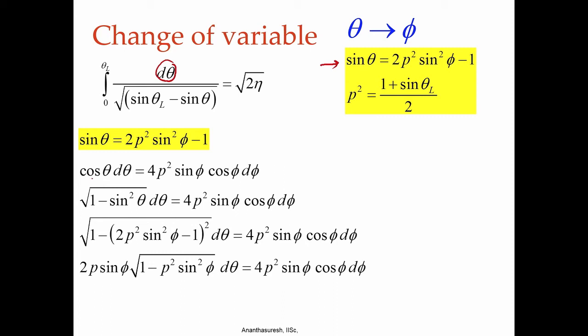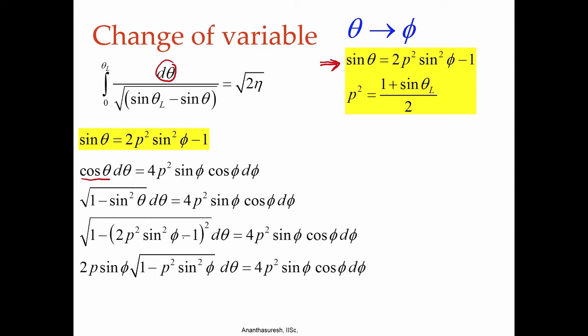So, we have first taken this equation, differentiated with respect to theta: cosine theta times d theta equals 4 p square sin phi cosine phi d phi. Cosine theta is written as square root of 1 minus sin square theta, and then the right hand side remains the same, and then in sin square theta we substitute this equation for sin theta.